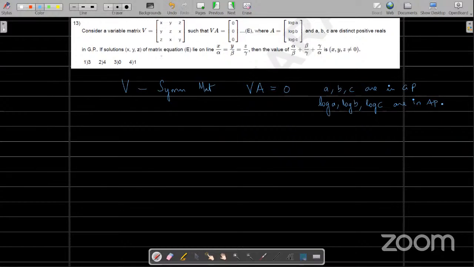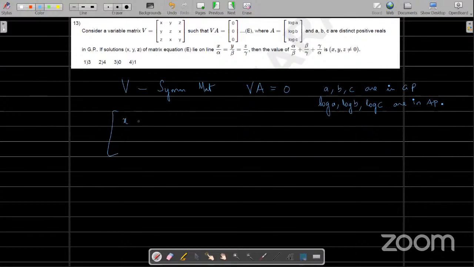Now if solutions x, y, z of this equation lie on x by alpha, y by beta, z by gamma, then if I can get the proportion x is to y is to z, we have the answer. So therefore, let's write down the equation.